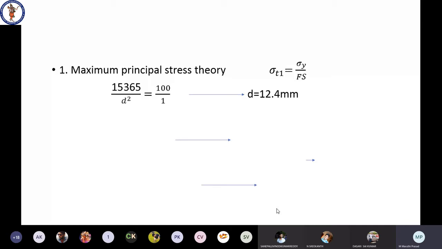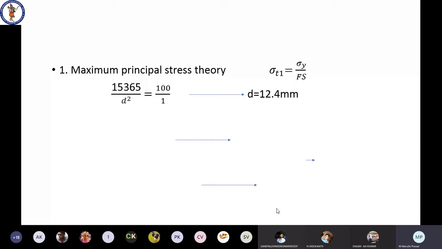The first one, maximum principal stress theory, is also called Rankine's theory, in which the major criterion is maximum principal stress. So we are using the equation sigma T1 is equal to sigma Y by Fs.